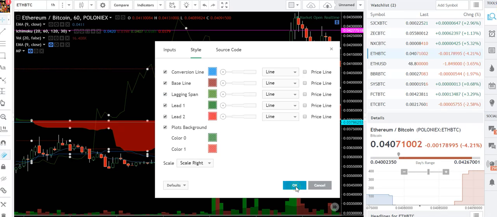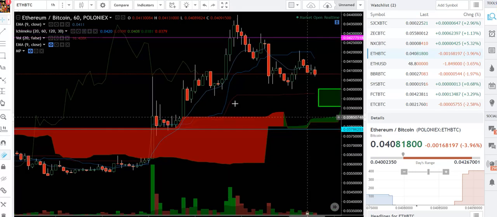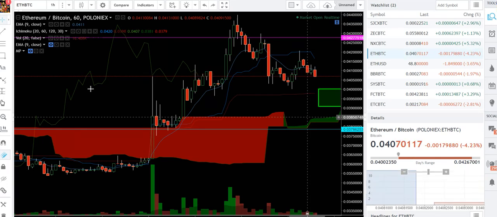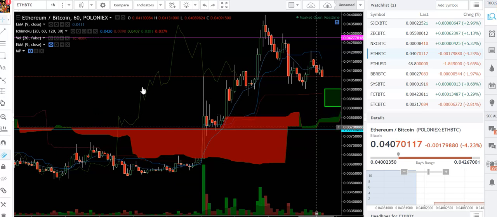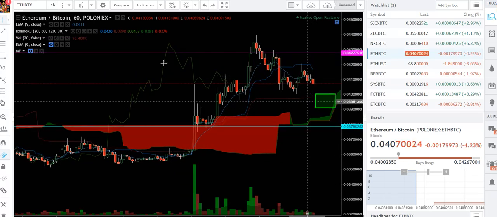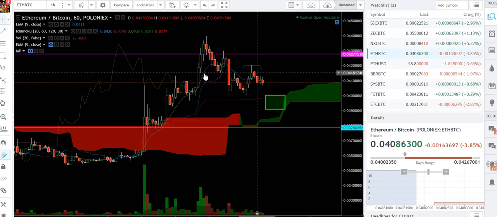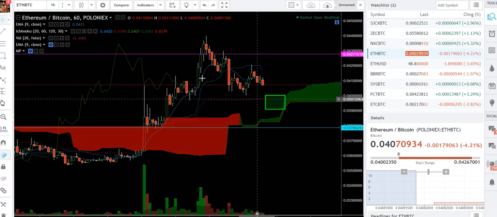But for me, I don't like to count on one indicator to tell me I should take a trade. Basically the Ichimoku cloud is an indicator, but it also has trading signals built into it. Meaning that if you study Ichimoku cloud enough, how these lines relate to each other and how they cross each other is going to give you a signal of a trade, basically.